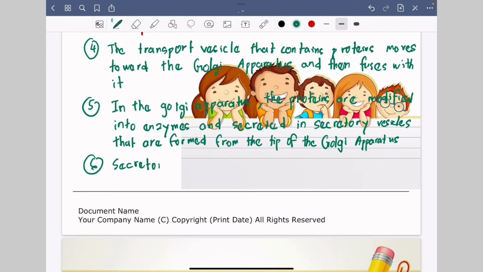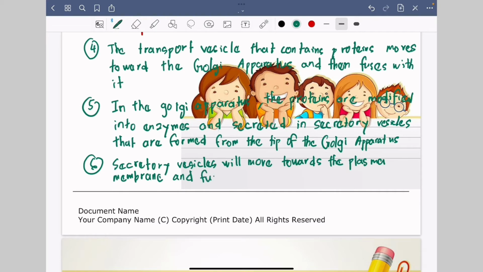Secretory vesicle towards the plasma membrane. Extracellular enzymes.